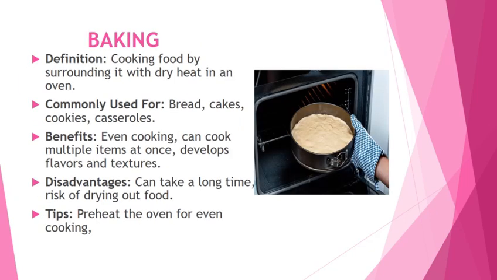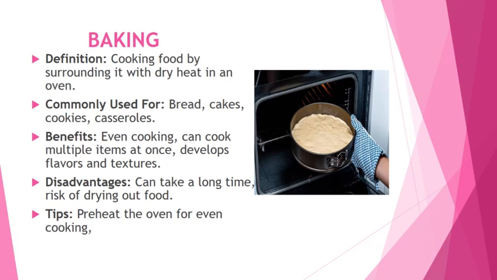Let's look at baking. So baking is cooking food by surrounding it with dry heat in an oven. We can mostly bake breads, cakes, cookies, and casseroles. So let's look at the advantages of baking. Number 1, we bake food for even cooking.